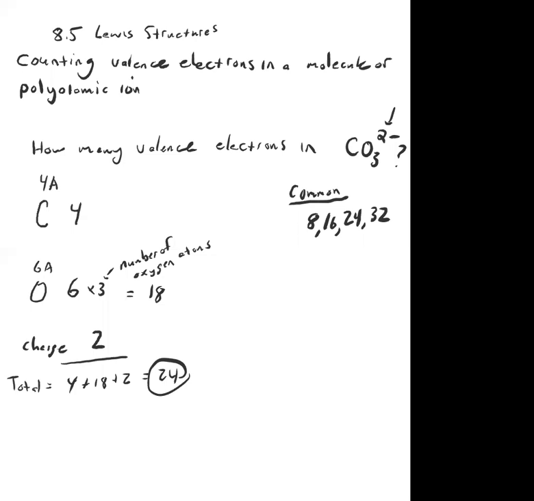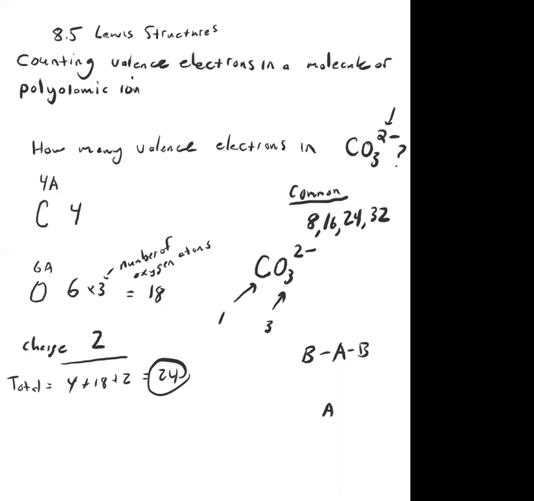So there's 24. But now I want to go to the next level. I want to show you how to draw the Lewis structure. So here's what you do. You look at your chemical formula. And notice how there's only 1 carbon, but there's 3 oxygens. In general, molecules are formed with 1 atom at the center and the other ones surrounding the one in the center. So you're often going to see stuff like this. See how you have 1 atom in the center and then 2 surrounding atoms branched off like a tree.